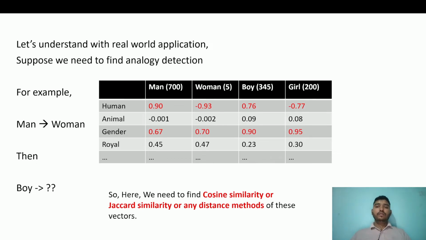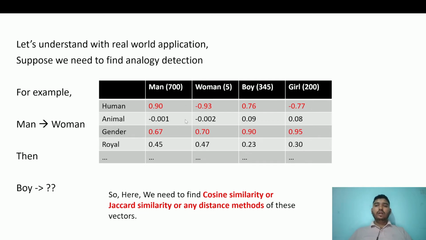So here you can see we have four words, and here we have features, right? Human, animal, gender, royal, and it might be age, and suppose student, professional. There are a lot of categories, or we can say features, and here we have values. So obviously you can see human is related with man and woman, so they have higher values, right?